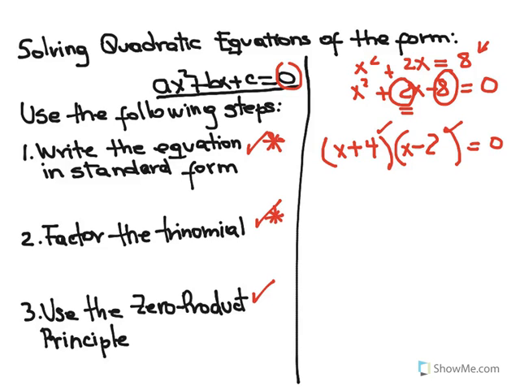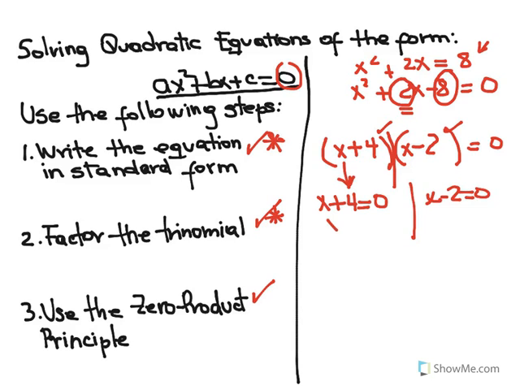Now I'm going to have to use the zero product principle. The zero product property tells me that if the product of two factors is equal to 0, it is because one of them is 0 or both of them are 0. So my solutions will be either this is 0 or this is 0, right?